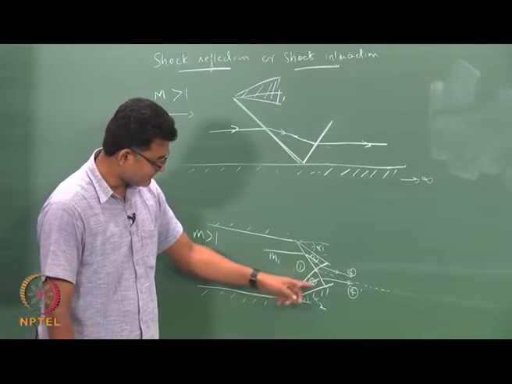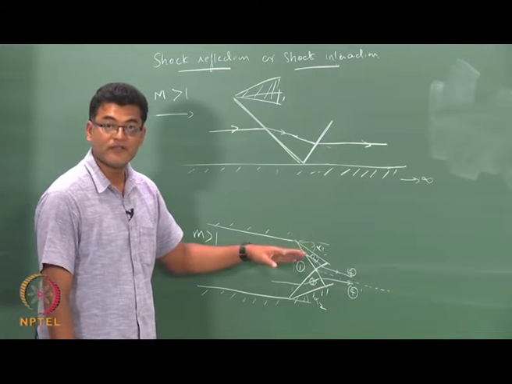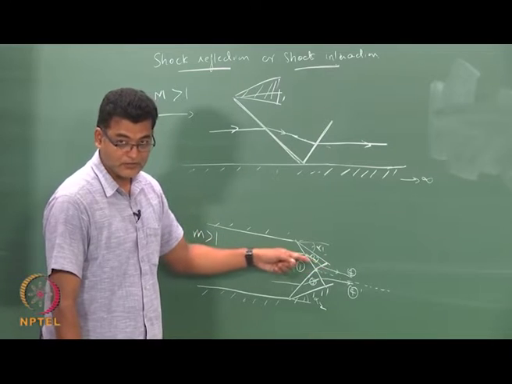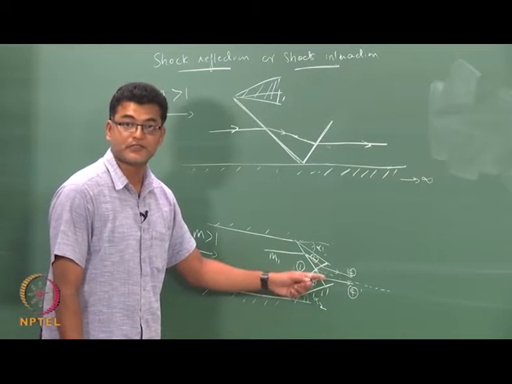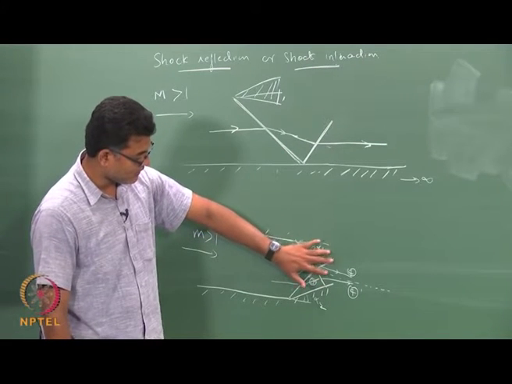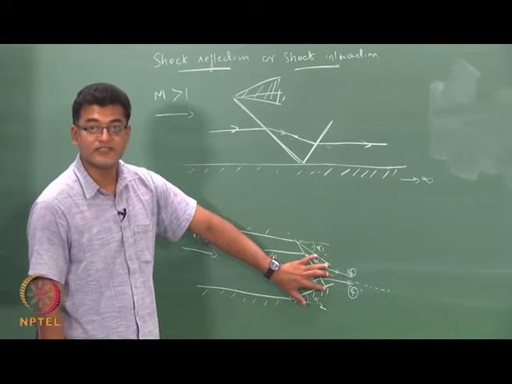So, if the angles are same, 4 and 4 dash should be same, otherwise the entropy change across the top shocks is different from the bottom shocks. So, there is a sudden entropy change, and the entropy change at 4 and in the region 4 dash is different.